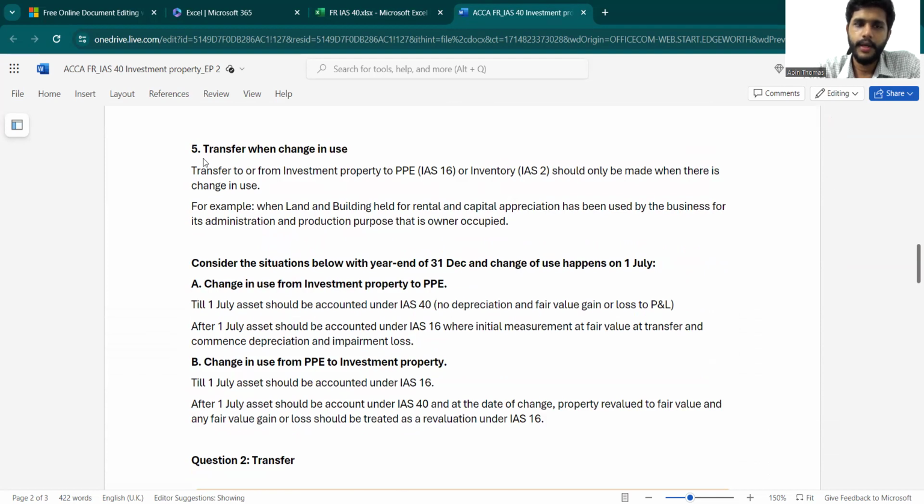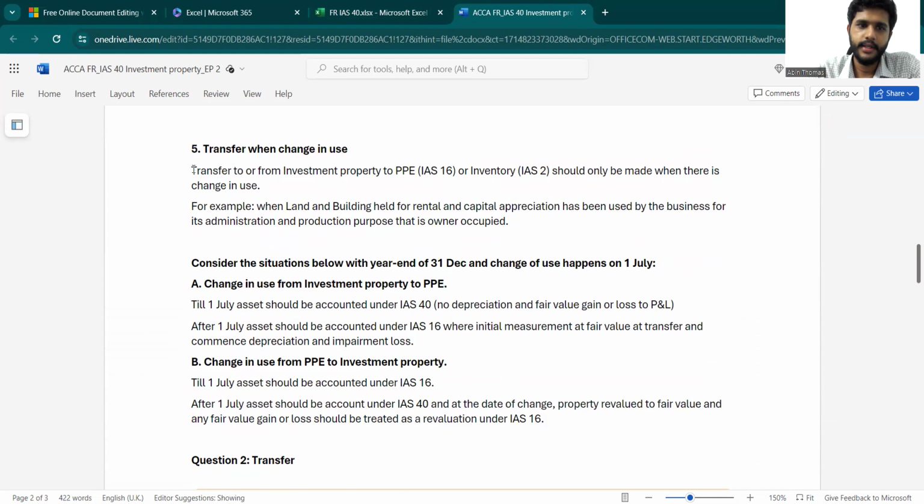So, as an introduction to the transfer, the purpose of an investment property can be changed at any time based on the management's purpose or discretion.